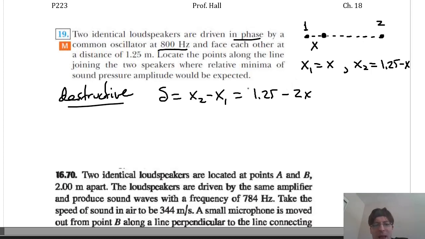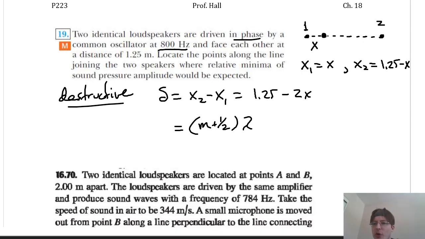Destructive interference will happen when that path difference is equal to m plus a half lambda. And we're going to have both positive and negative m values because some of them are going to be closer to source 1, some of them would be closer to source number 2. So you'll have both positive and negative path differences to look for.